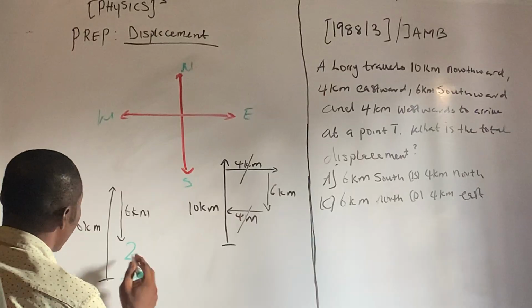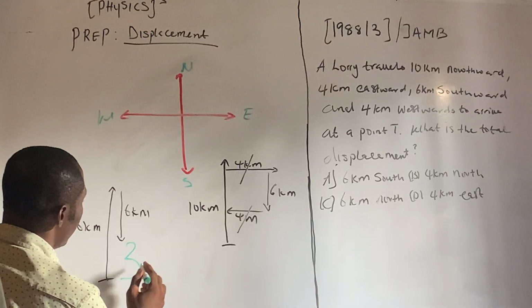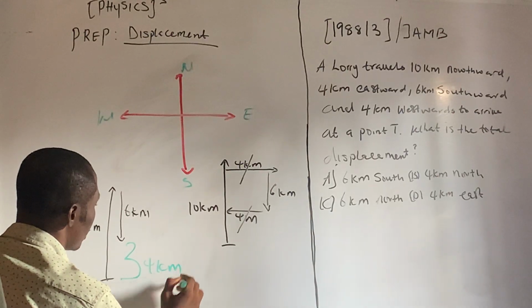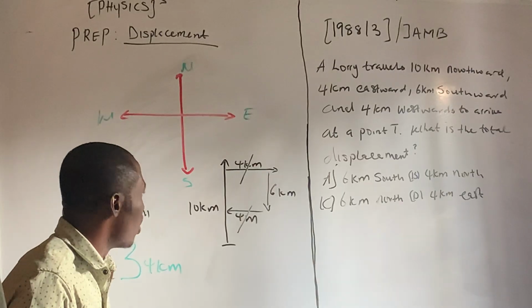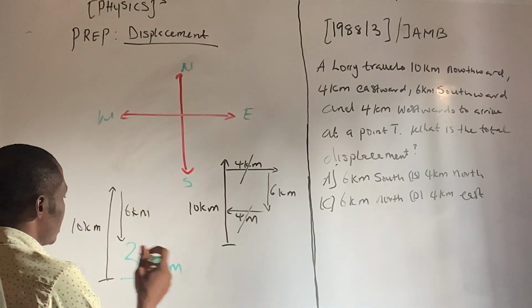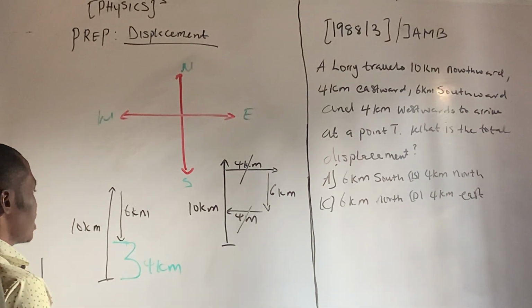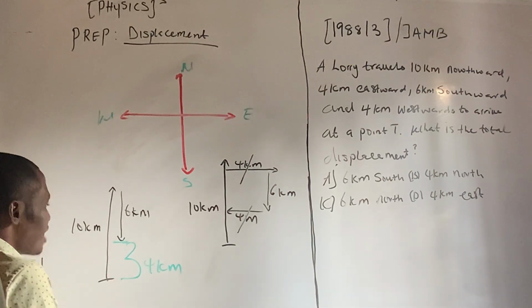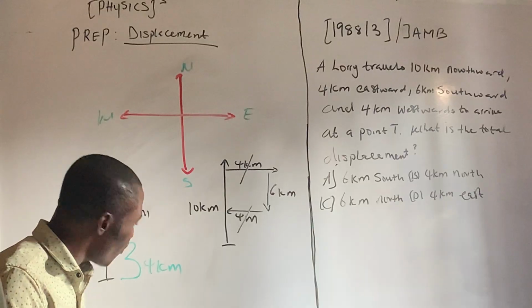From here, 10 kilometers, 10 minus 6 gives me 4 kilometers. From here to here is 10, from here to this point is 6 kilometers, meaning that the remaining part of this journey is 4 kilometers.